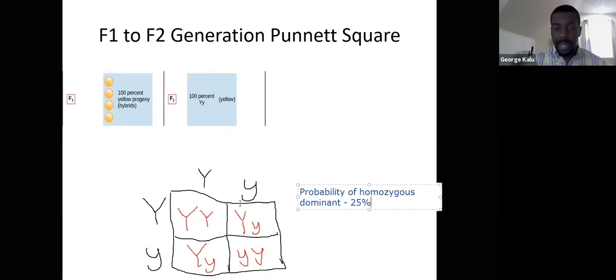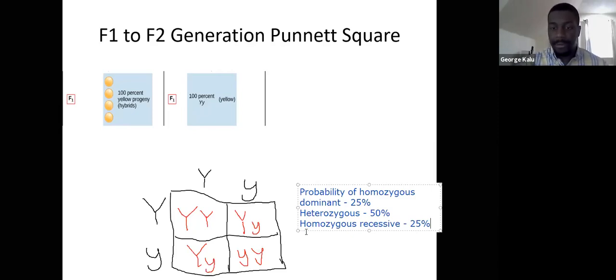Perfect. What about the probability of heterozygous genotypes? 50%, because we have 2 out of our 4 boxes being heterozygous. And then the probability of homozygous recessive would be another 25%. Perfect.